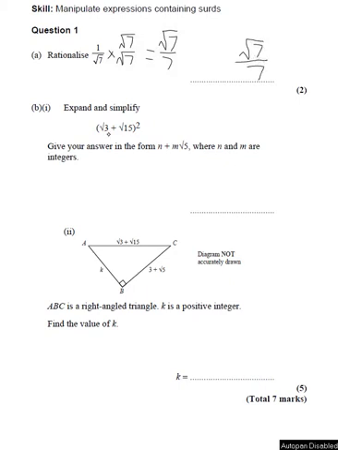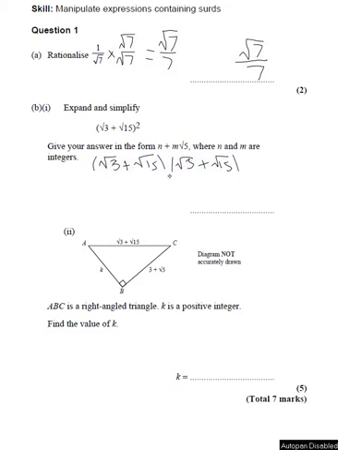The second question gets a little bit more difficult. Now, the root of 3 plus the root of 15, all squared. You've got to remember that means the entire bracket squared, so it's the entire bracket times itself. So that's root 3 plus root 15 times root 3 plus root 15.